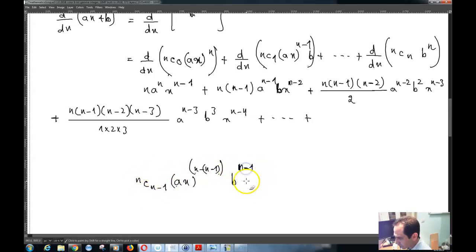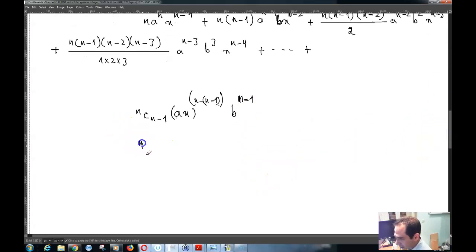That is the same thing as n combination n minus 1, ax raised to the power n minus n plus 1, so these two will cancel out and you'll get just a 1 over here: a times x times b raised to the power n minus 1.